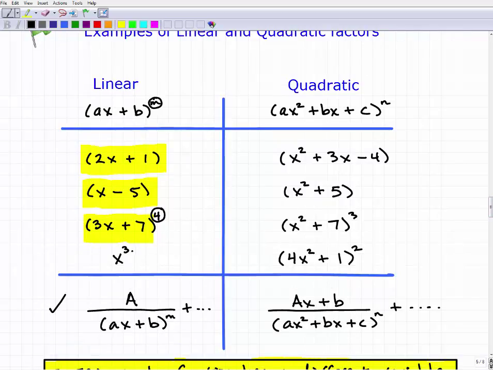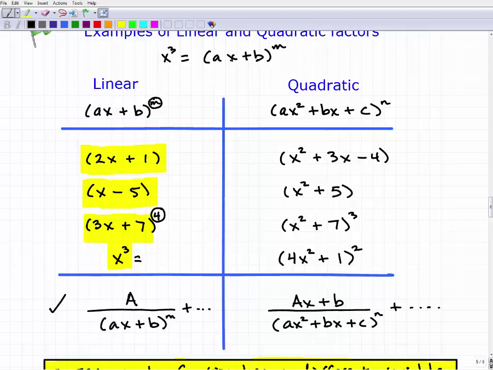Now, x cubed down here, you might say, well, that's a linear factor. Yes, that is, because I want you to think of it like so. X to the first, right? If you want to get very technical, let's take a look at x cubed. You can think of it in the form of (ax plus b) to the m.